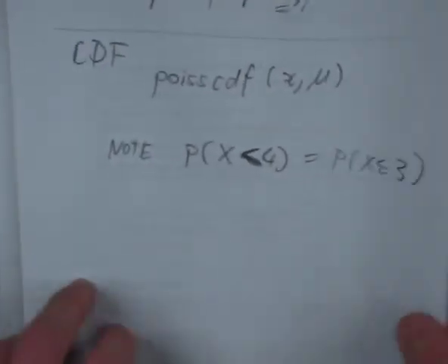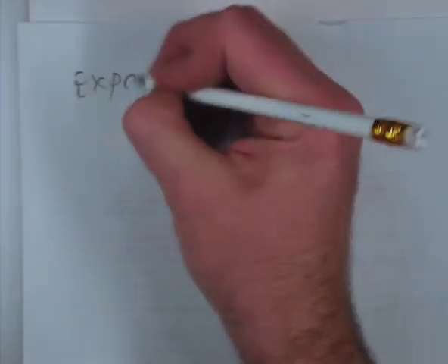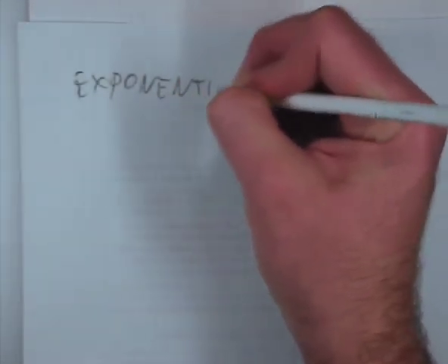Okay, now what does that leave? That leaves the exponential. The exponential distribution is now a measurement.